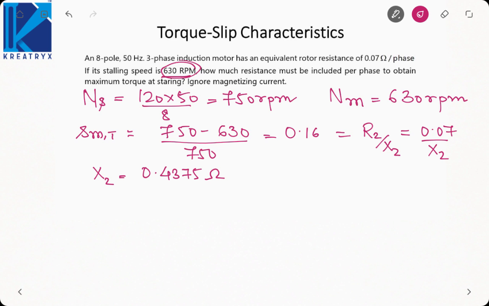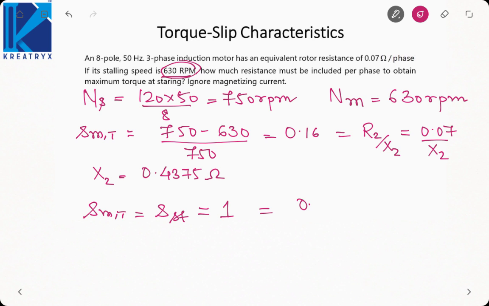Now it is saying that maximum torque should occur at starting. For two torques to be equal, their slip must be equal. If the slip is equal, it means the slip for maximum torque should be equal to the slip at starting. At starting, the speed is 0, so slip is 1. Which means after adding external resistance, the slip for maximum torque becomes equal to 1.